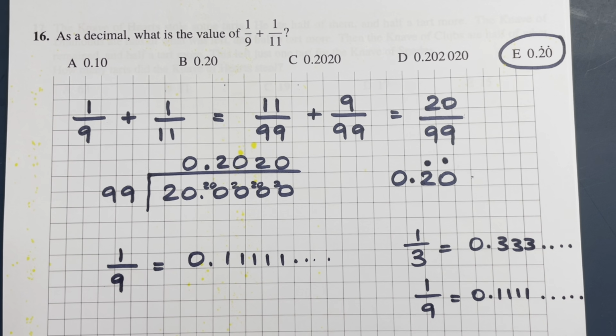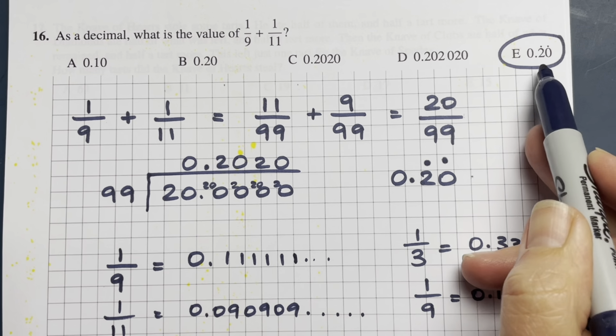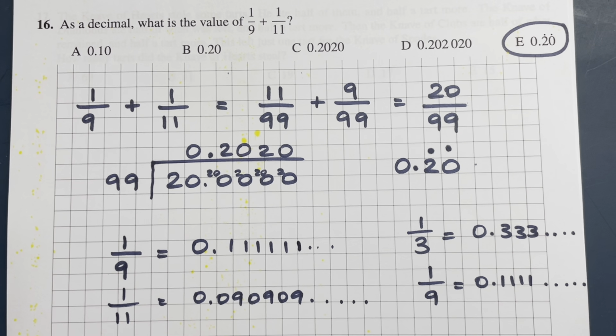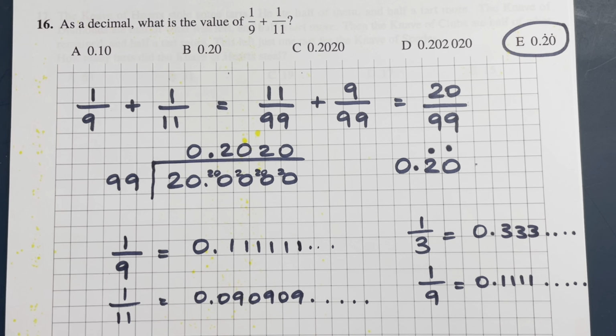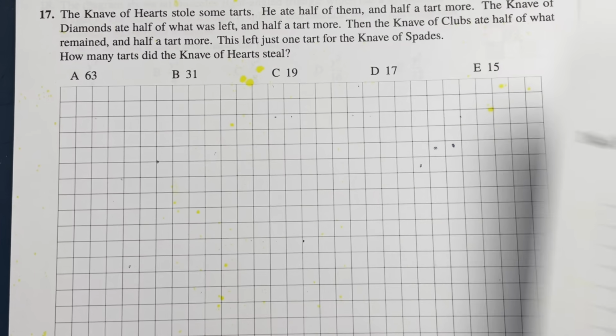If we knew that 1/11 was 0.0909 etc. recurring, and I add these two together, you're going to see that I get exactly that same pattern, 202020 recurring. And you can see again that your answer is going to be 0.20 recurring. So the answer to question 16 again is E.